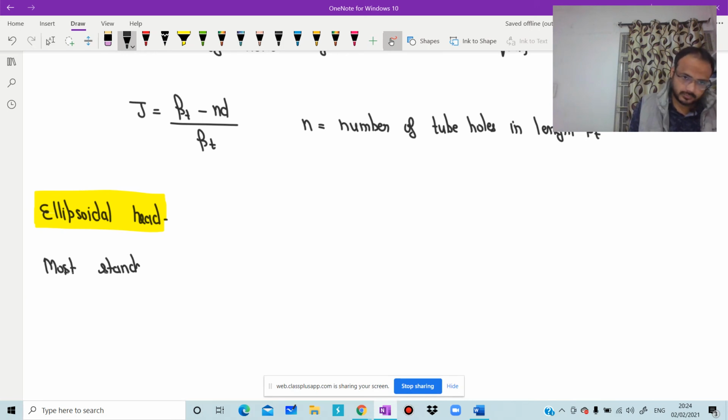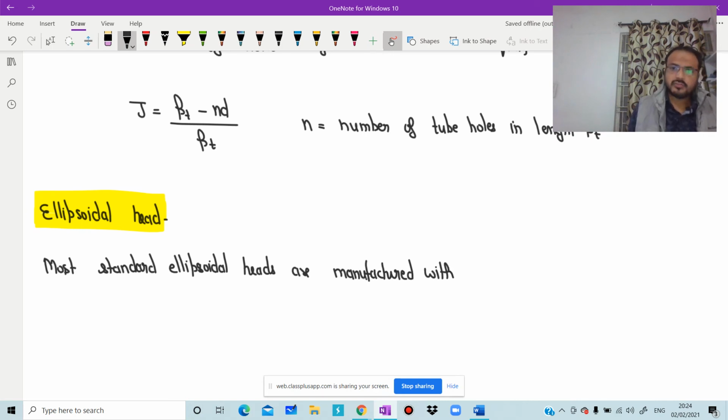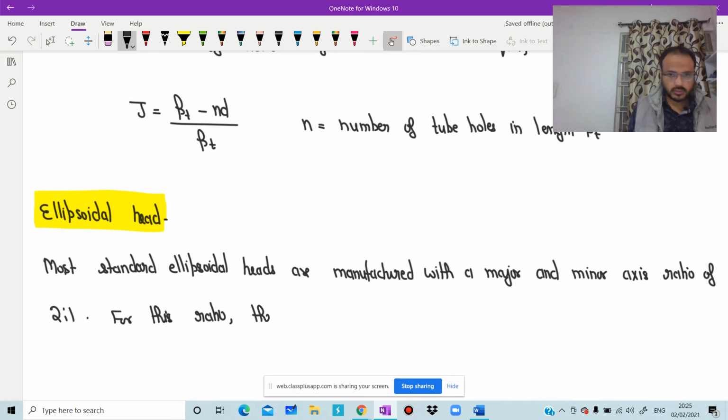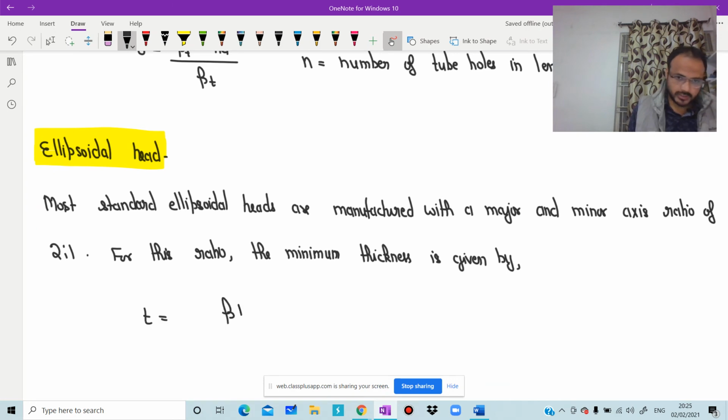Most standard ellipsoidal heads are manufactured with a major and minor axis ratio of 2:1, and for this ratio the minimum thickness is given by T is equal to P into Di divided by 2Fj minus 0.2P.